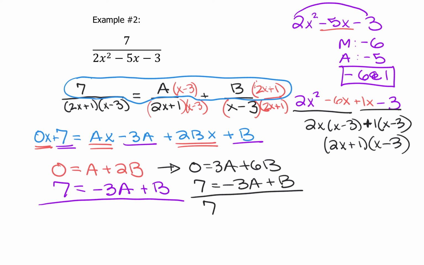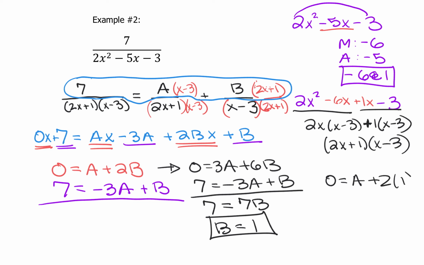So we've got 7 equals 7b. B will have to be 1. And then I can go back to either of my equations here. So if we've got 0 equals a plus 2 times 1, we know that a is going to have to be negative 2.